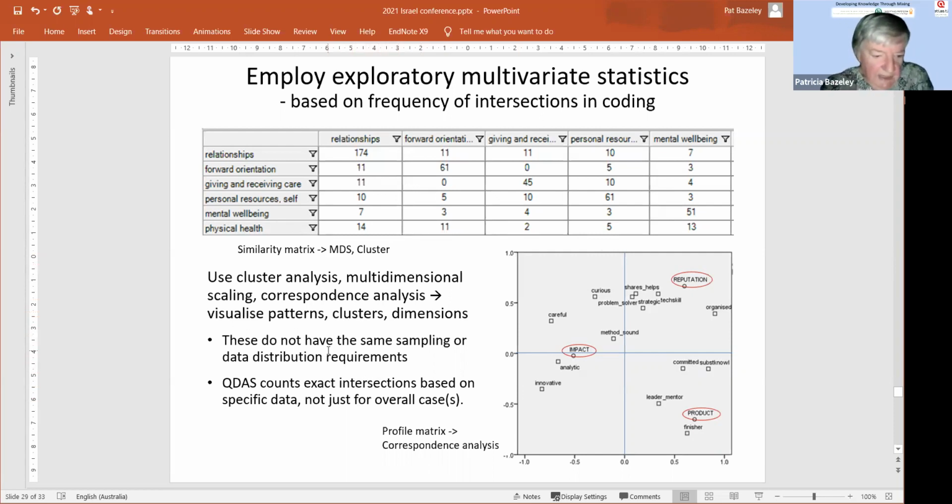So instead of saying that case number 23 talks about this and about that, it actually only counts it if they talk about this and that on exactly the same piece of data. So there's a real advantage there in using qualitative counts generated through qualitative data analysis software, based on the intersections that it will generate.